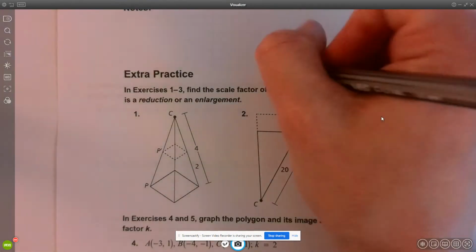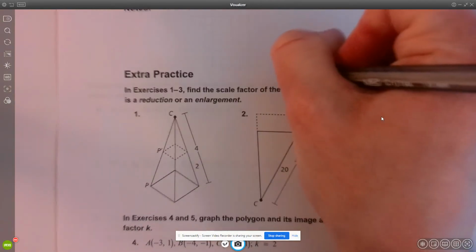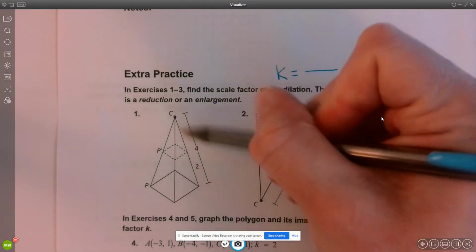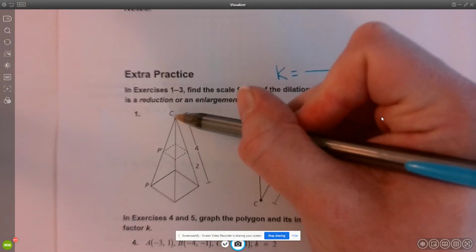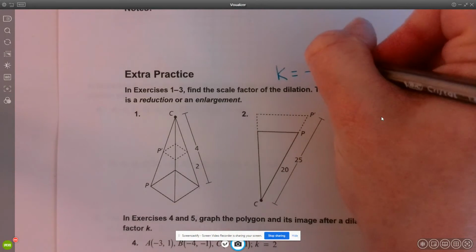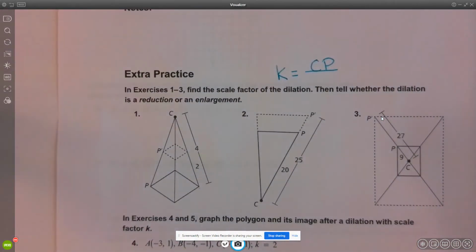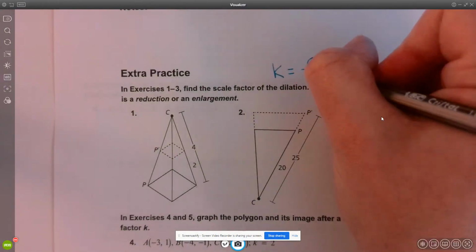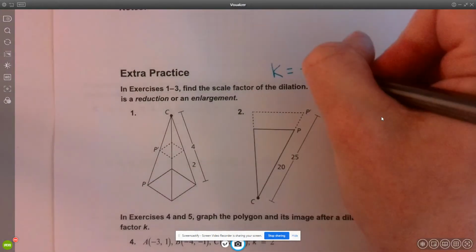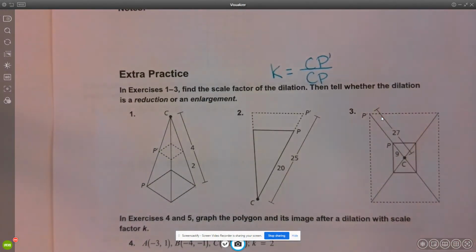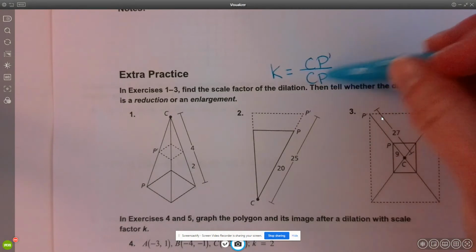So remember our scale factor K is equal to the ratio of the distance from the center of dilation to the image, they usually call that the distance from C to P prime, divided by the distance from C to P, the distance from your center of dilation to your pre-image.